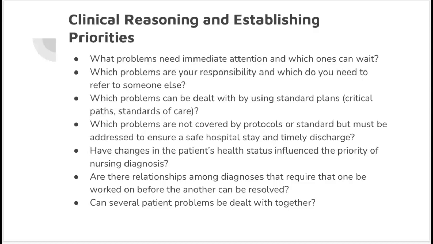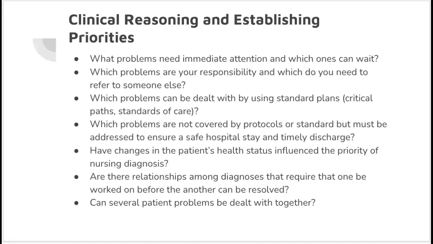Ongoing would be: has the patient had any changes in their health status that can change the priority of your diagnosis? Are there relationships among diagnoses that require one be worked on before another can be resolved? That's also prioritizing, figuring out which one you need to do first before you can do the next one.